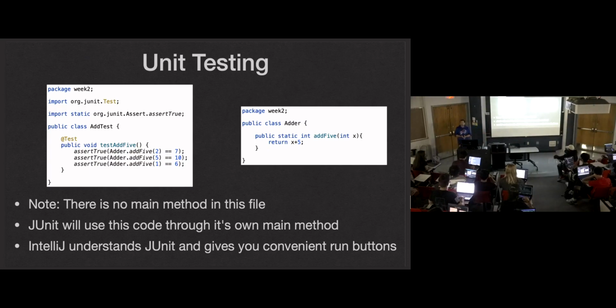IntelliJ understands what JUnit is. It's common enough in Java that it comes with a JUnit plugin, and it's going to recognize this as a JUnit test class. So if you right-click the class or click the arrow right next to the class name, it'll know exactly what to do. It'll go to JUnit, invoke the test runner, and then run this in JUnit.